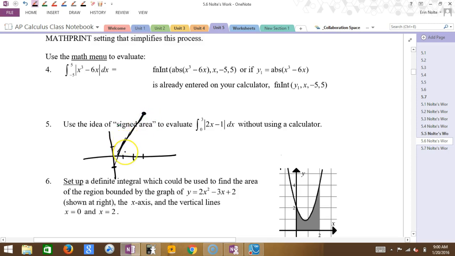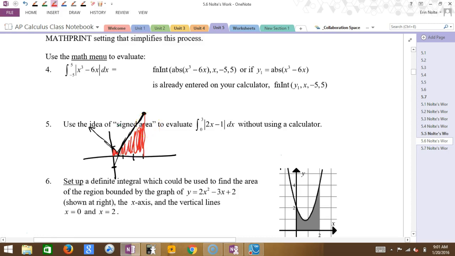Now if I think about the absolute value of that, I need to take that little piece that's below the x-axis and reflect it up. So it's going to look like that. It looks like a V. Now if I bind my function between 0 and 3 and the x-axis, what two shapes emerge?